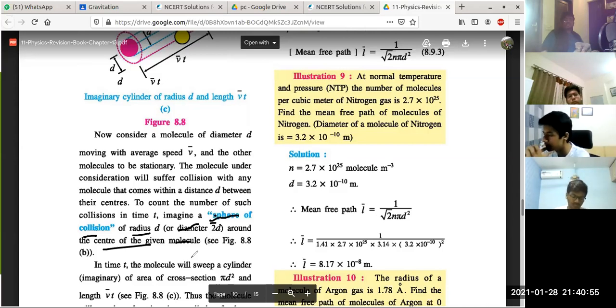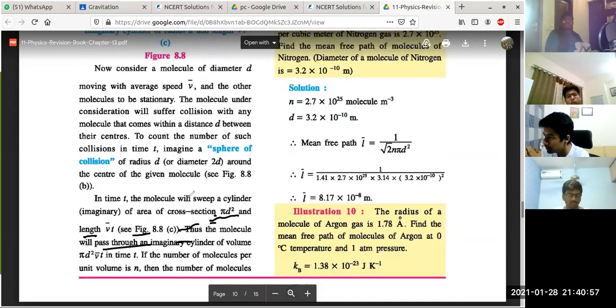See, in time t, a molecule sweeps a cylinder of area of crossing pi d square and length vt. Write this. In time t, the molecule sweeps an imaginary cylinder of area of crossing pi d square and length vt.